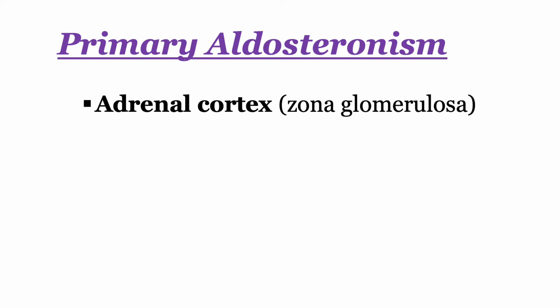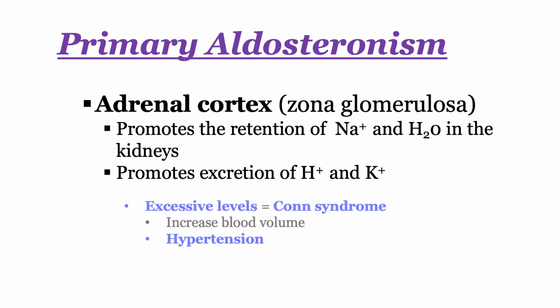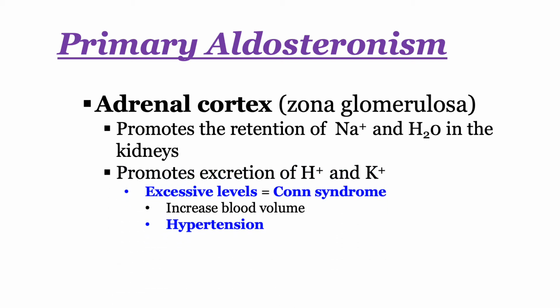Now let's talk about primary aldosteronism. It's a defect in the zona glomerulosa of the adrenal cortex. High levels of aldosterone promote retention of sodium and water in the kidneys, and moreover promotes excretion of potassium ions.